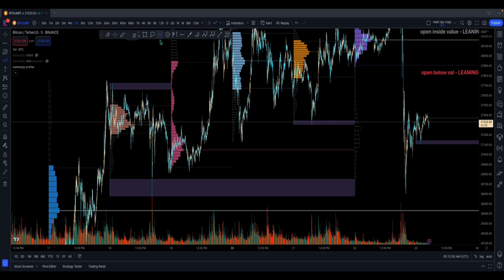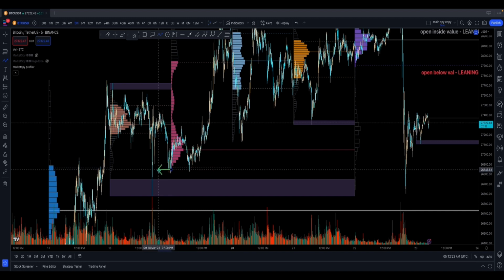But what do we know? If we are in between value areas, price is going to test the most recent value. And so notice VAH, we just tested that on new day start. So where can we go? Well, we're leaning bearish because we are under yesterday's value. So where are we going to go?